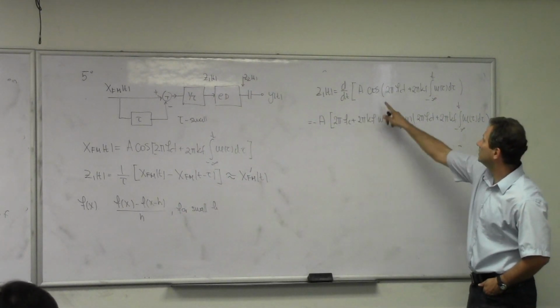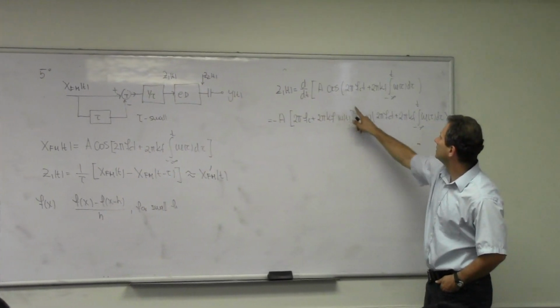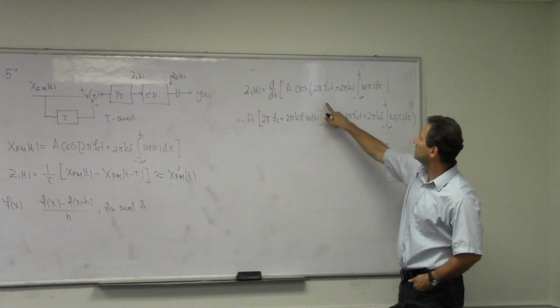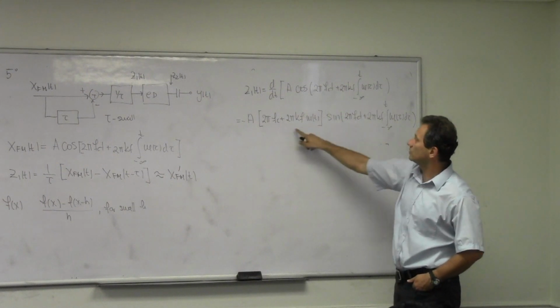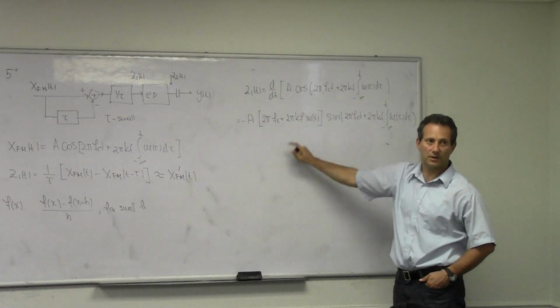So the derivative of this: A comes out, the derivative of the cosine is minus sine, and the derivative of whatever is underneath the cosine is equal to this here.